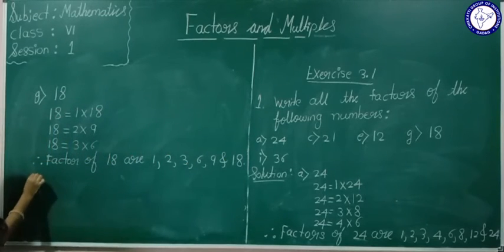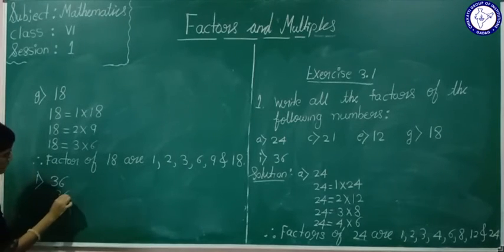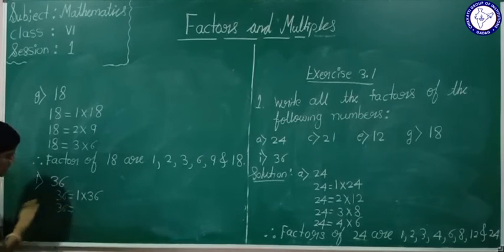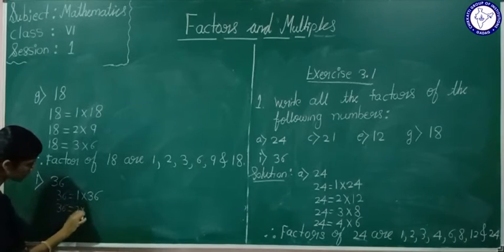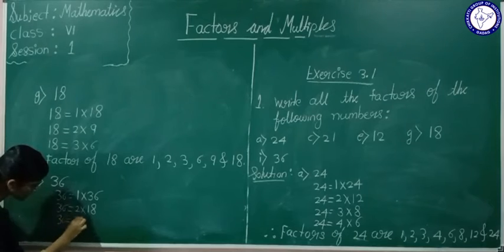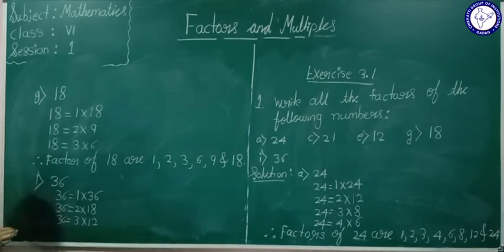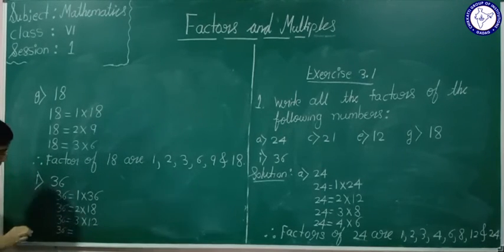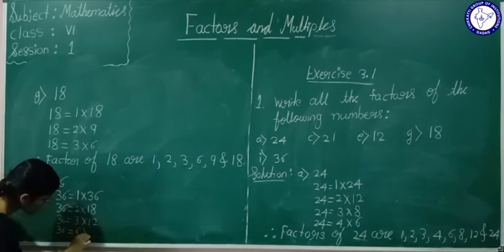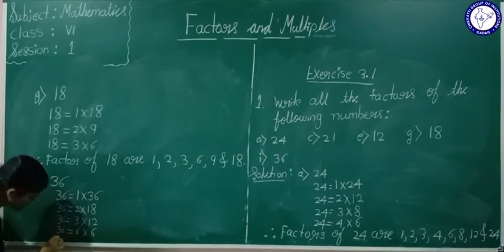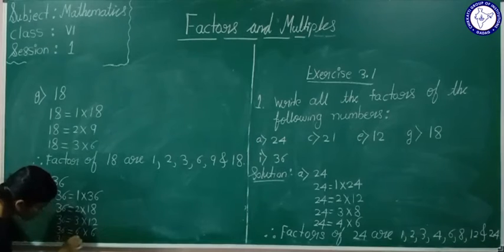Okay, I is 36. Now see, this 36 can be expressed as 1 36s. Again as 2 18s. Yes or no? Again as 3 12s, 3 12s are 36. Again as 6 6s. Again as 4 9s.